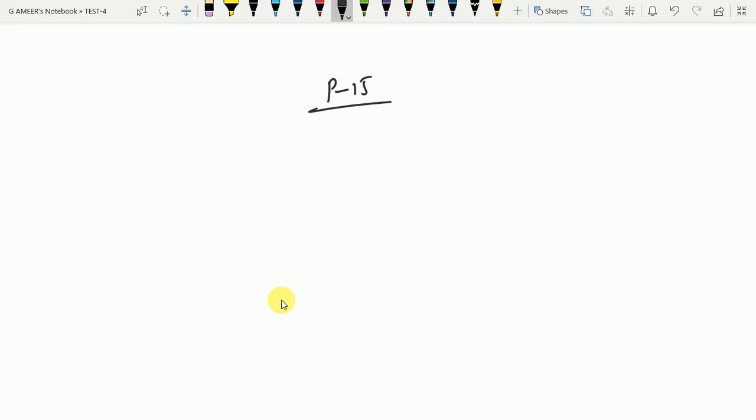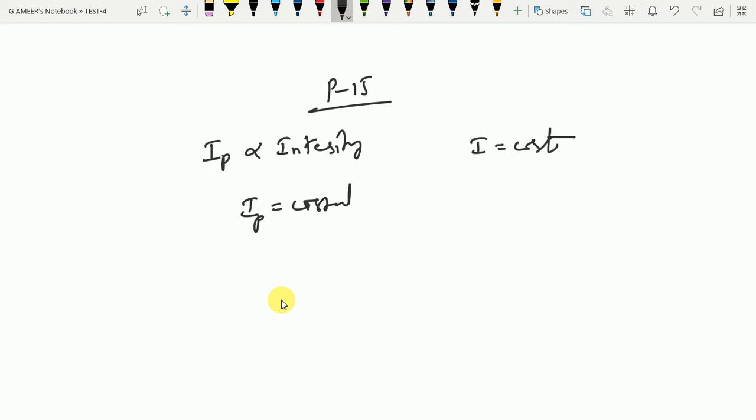If the currents before and after are I1 and I2, and all other conditions remain unchanged, then. You know that photo current is directly proportional to the intensity. In this problem, the intensity remains constant. If the intensity remains constant, then the photo current also remains constant. That means there is no relation between the photo current and the work function. So the photo current initially is equal to the photo current finally. I1 is equal to I2 is the best option, that is A.